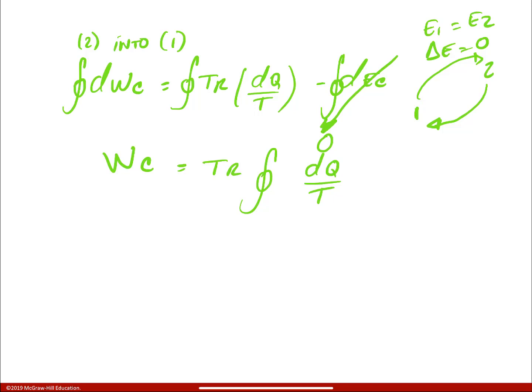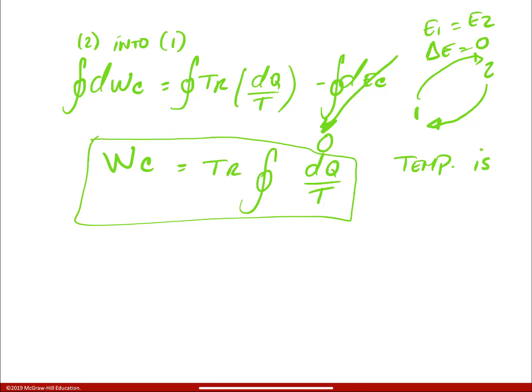And this is quite important. So just take a look at this equation, because now we're going to work with this. Remember something: temperature is never negative, because we're working in kelvins.